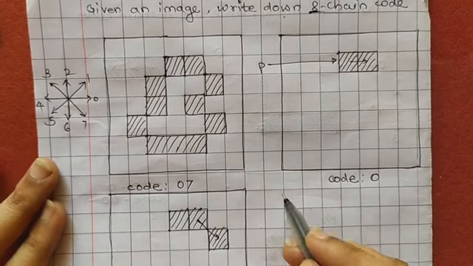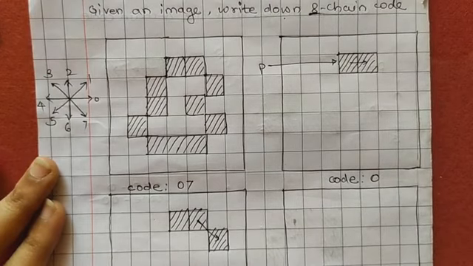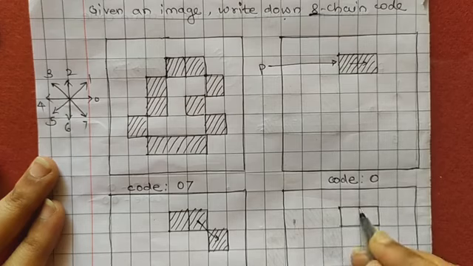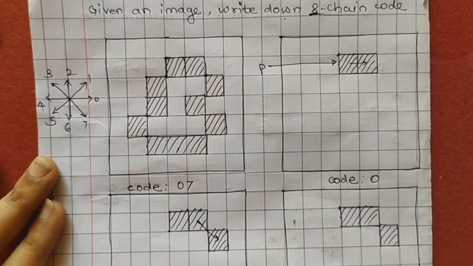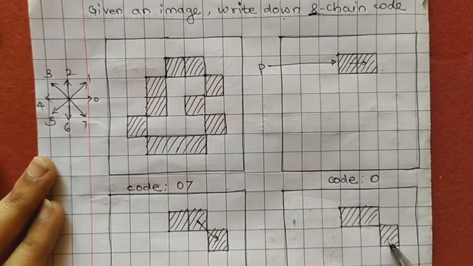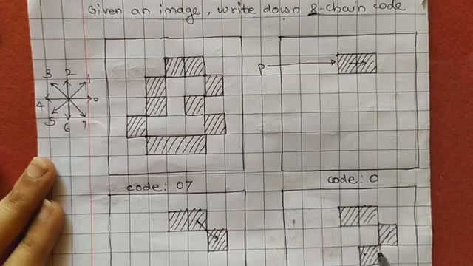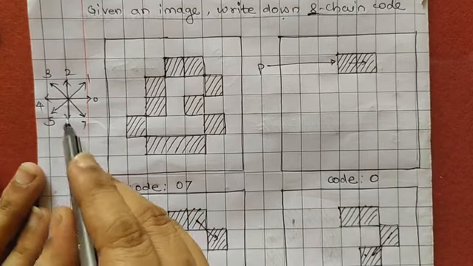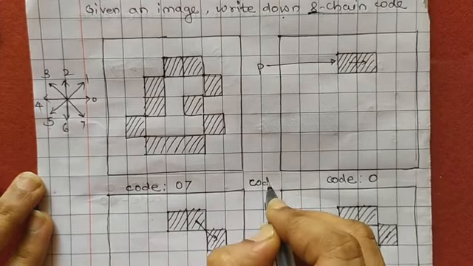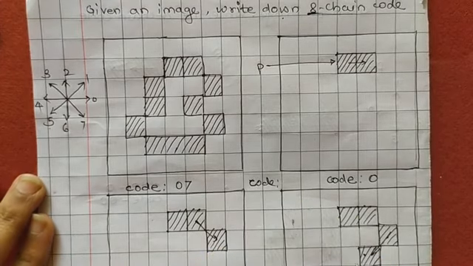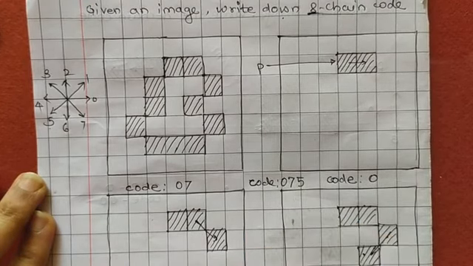Okay, after this again our pixel or cursor will move from this pixel to this pixel like this, and direction is in this direction. So that direction here is having value 5. So the code assigned to this image will be 0 7 5.